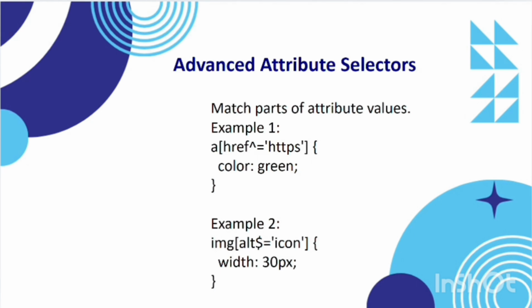Now see another example. img[alt$="icon"], width 30 pixels. The image where alt ends with icon will be 30 pixels wide.